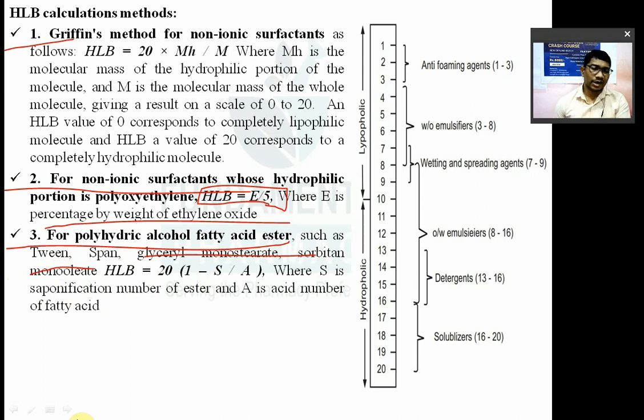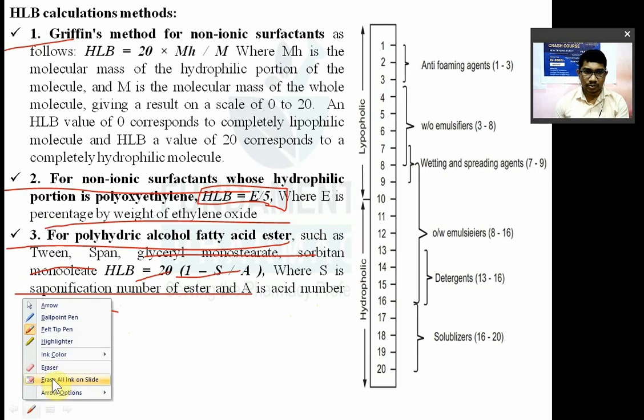So you can calculate the HLB value of the fatty acid ester containing polyhydric alcohol. So HLB is equal to 20 into 1 minus S divided by A. What is S? S is nothing but the saponification number of ester. A is nothing but the acid number of fatty acid. ये जो फॉर्मूला है इसके ऊपर क्वेश्चन आ चुका है.